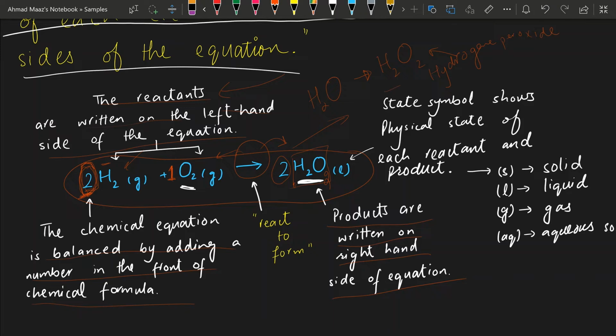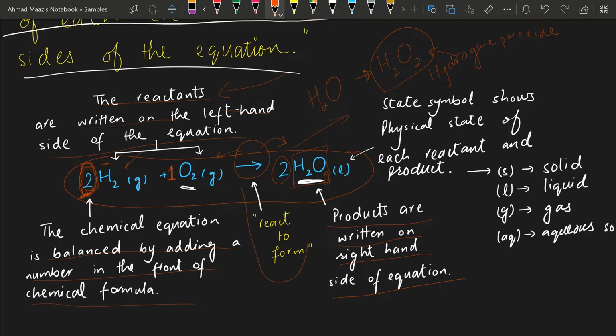It changes the chemical formula, it changes the element, it changes the compound itself if you add a number in the subscript. So that is why you can only add numbers in front of the chemical formula. You cannot add numbers over here in the subscript.